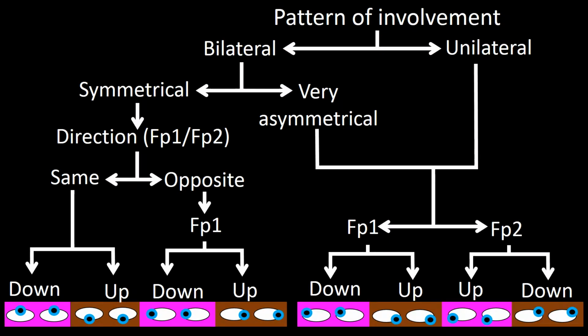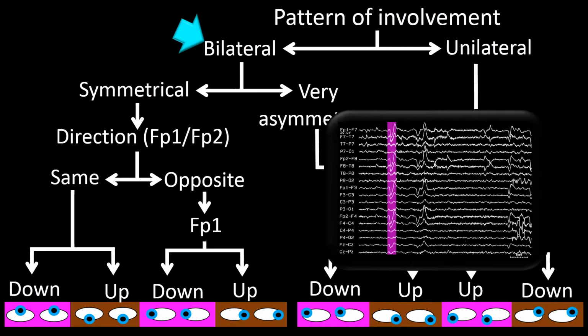This flowchart serves as a guide to drive the determination of eye movements from the derivations in the EEG. As you can recall from the question, eye movements were bilateral, symmetrical.